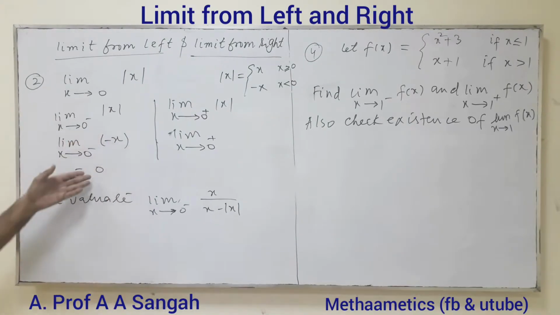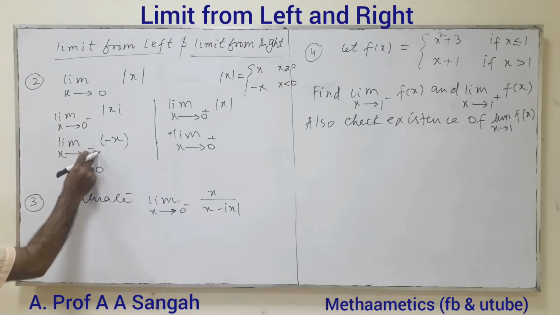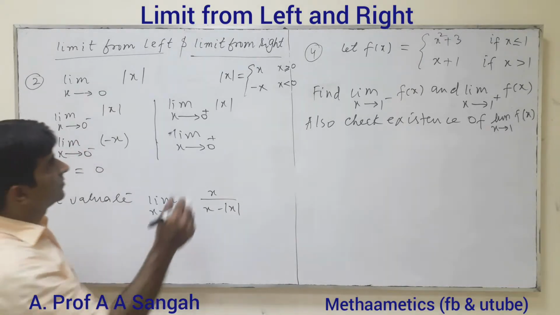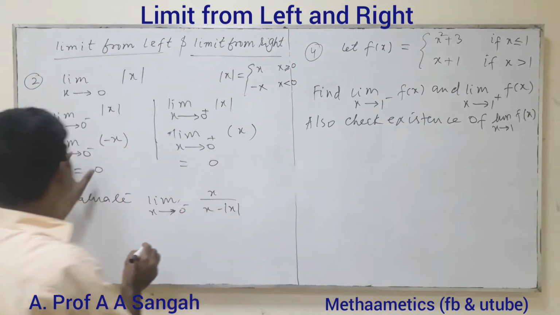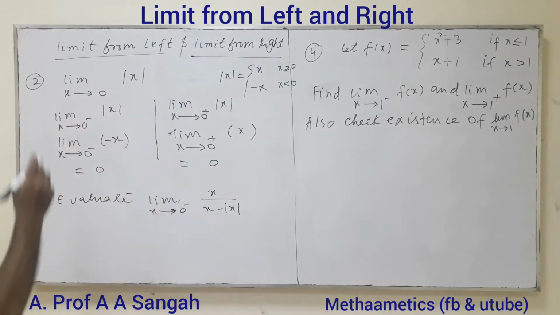If we apply the limit we get 0. Its meaning is that the left hand limit is for values less than 0, so we get 0 here. Similarly we get 0 here, meaning its limit exists. The limit of this function at 0 is 0.